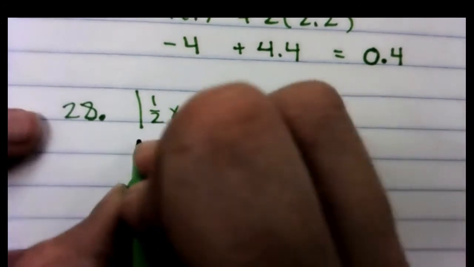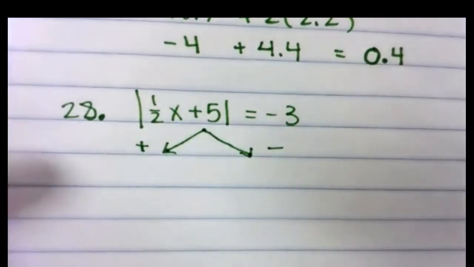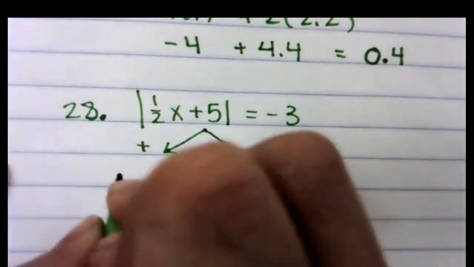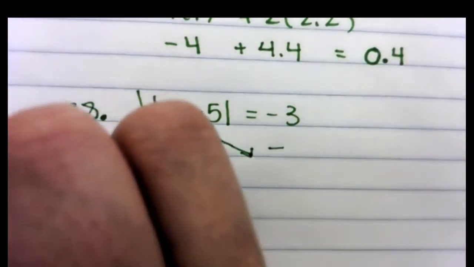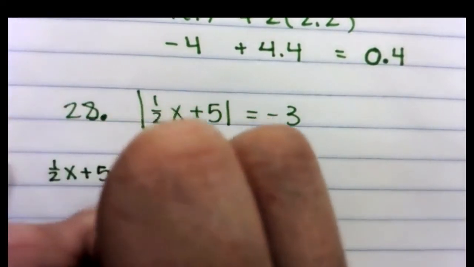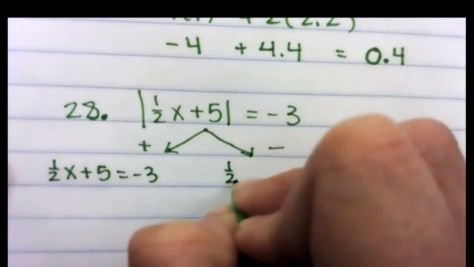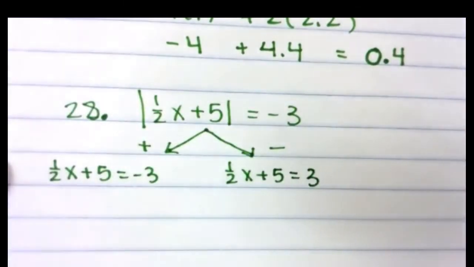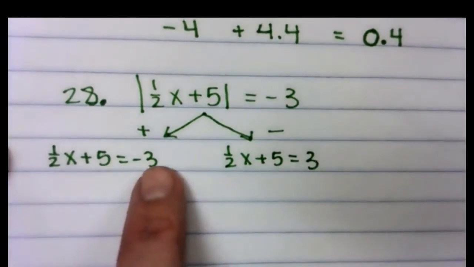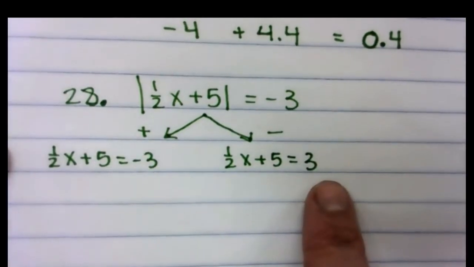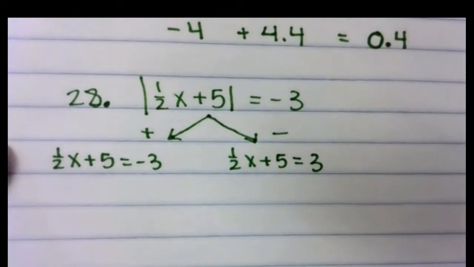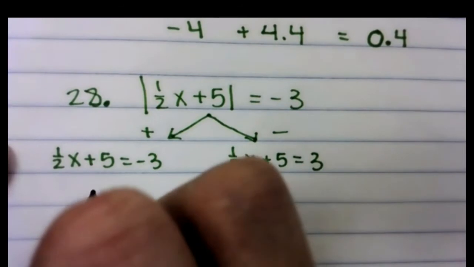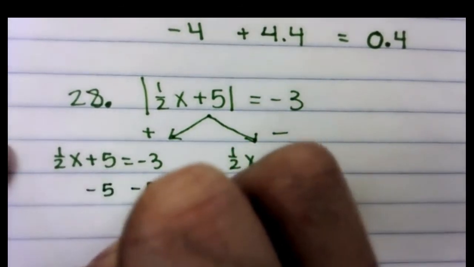We're going to split it into a positive and a negative side. So we have 1 half x plus 5 equals negative 3, and 1 half x plus 5 equals positive 3. We're subtracting 5.